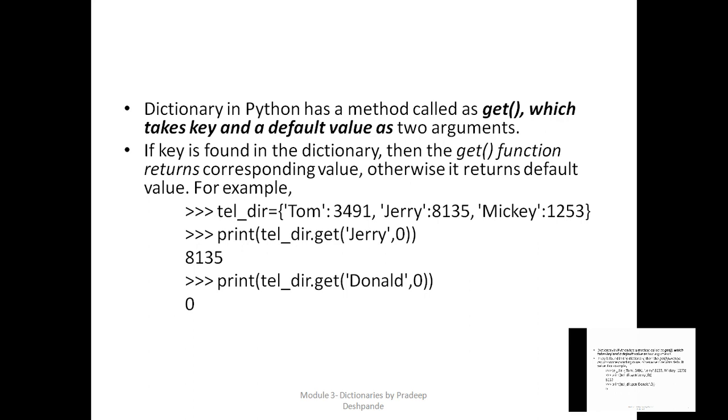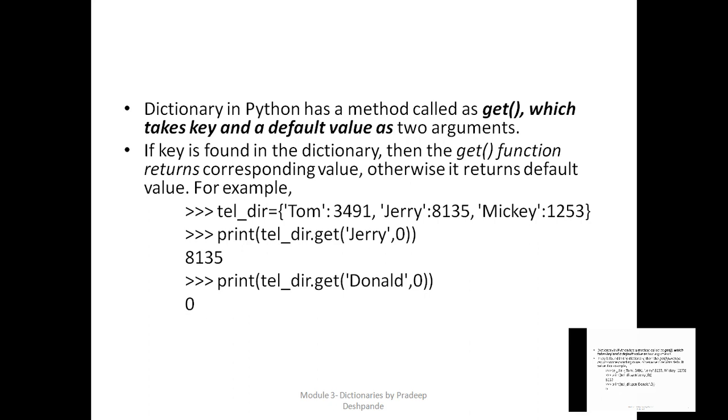A dictionary in Python has a method called get, which takes a key and a default value as two arguments. If the key is found in the dictionary, then the get function returns the corresponding value, otherwise it returns the default value.